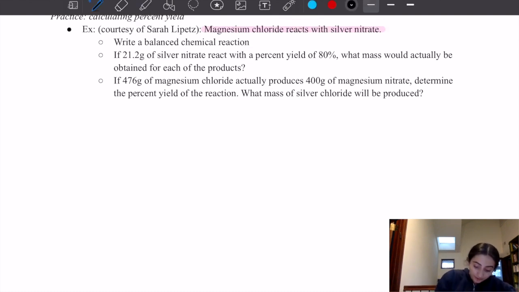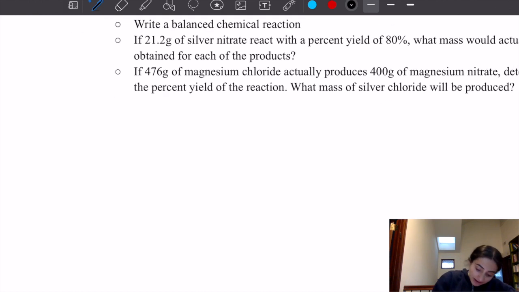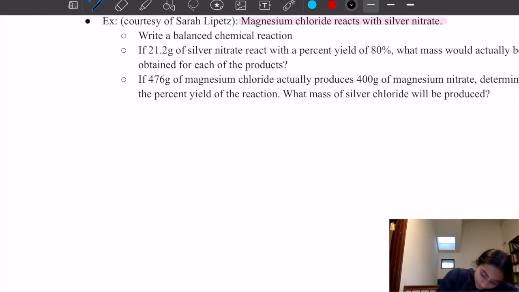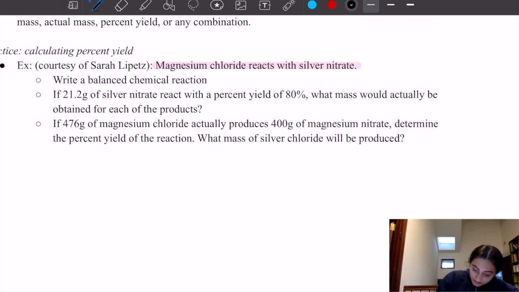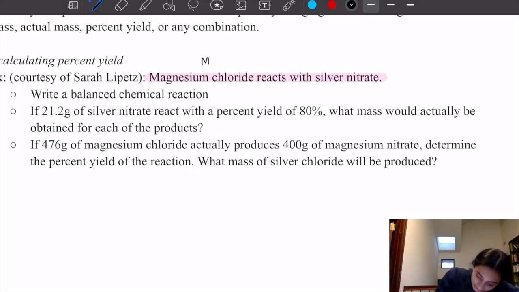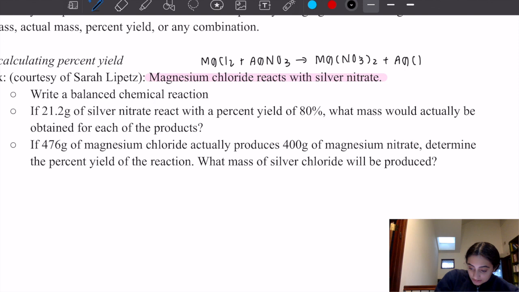So I'm going to draw my stoichiometry table twice. Let's first do part A/B, like the first question. I'm going to first write my balanced chemical equation. I'll do it up here. So I have MgCl2 and AgNO3, and that is going to yield Mg(NO3)2 and AgCl.